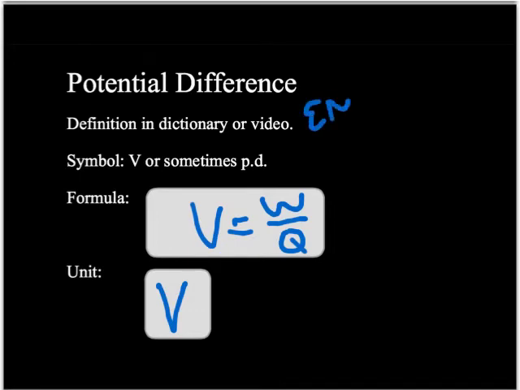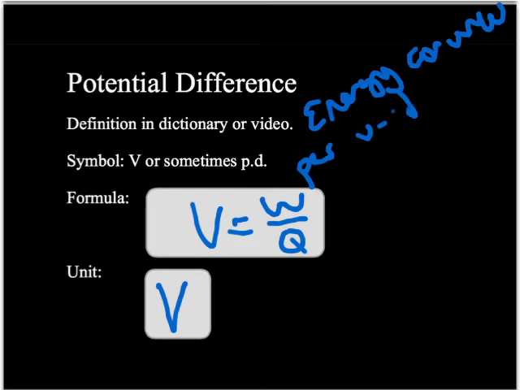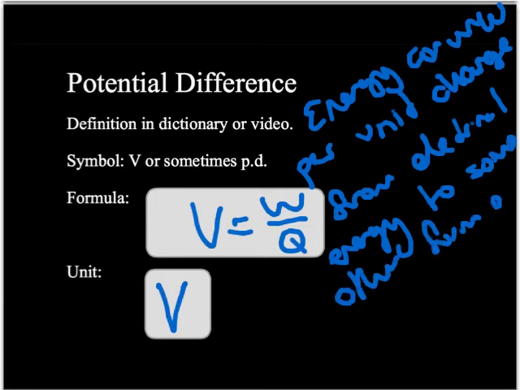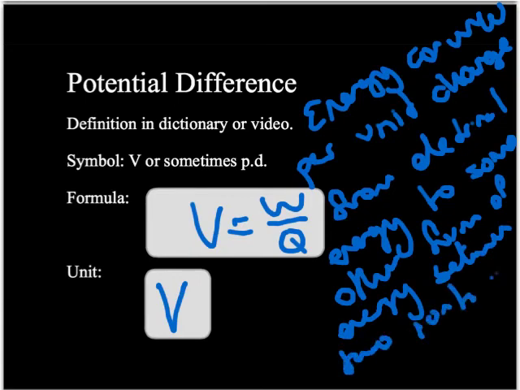It was actually energy converted per unit charge from electrical energy to some other form of energy between 2 points in a circuit.